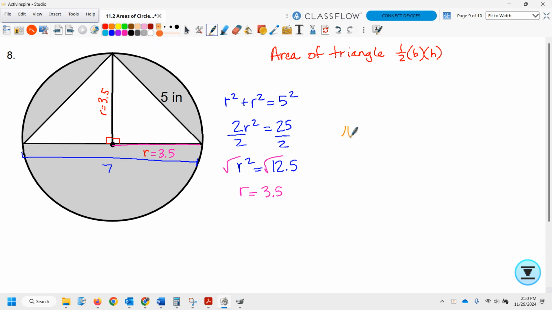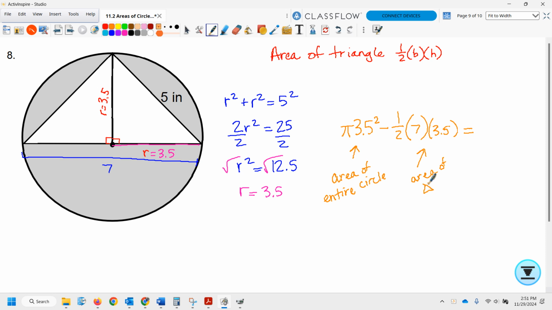Pi times 3.5 squared. Subtract out the area of the triangle. 1/2. The base, the whole base, which is the diameter, 7 times the height, which is the radius again, 3.5. So this is the area of the circle and we're going to subtract the area of the triangle.